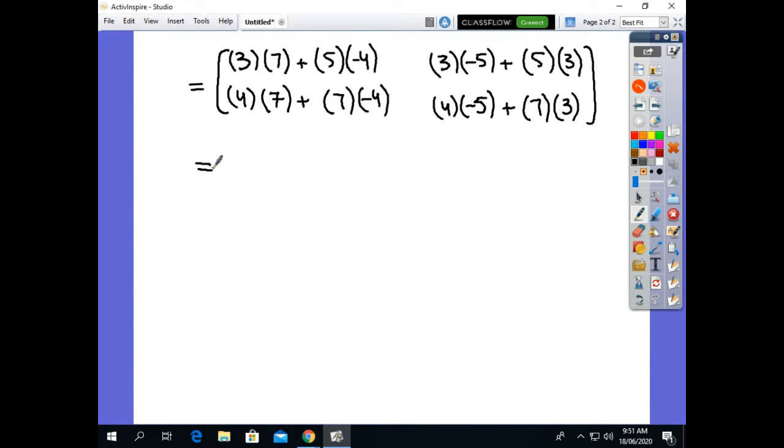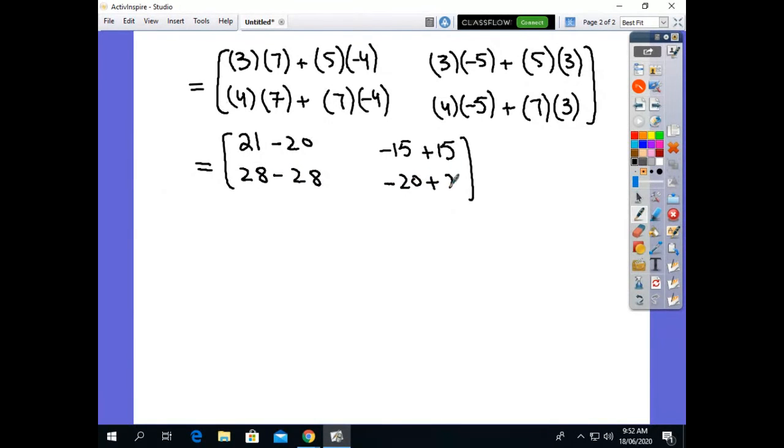After simplification, we have 21 -20, -15 +15. Similarly, 28 -28, -20 +21.